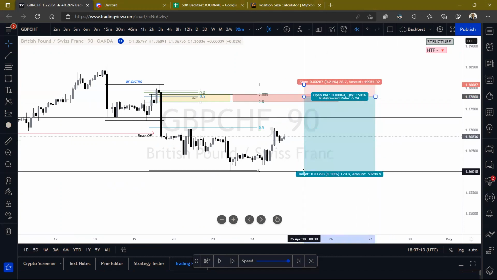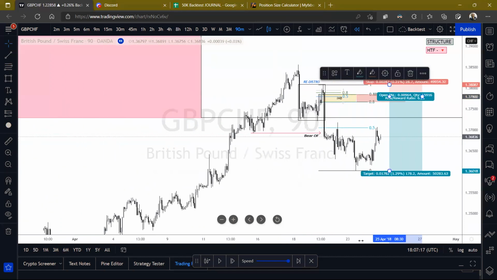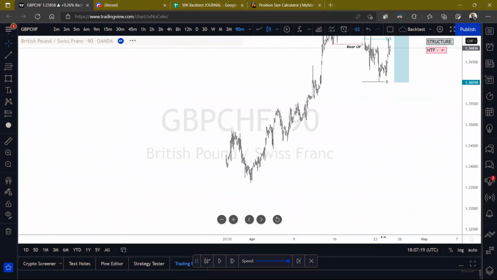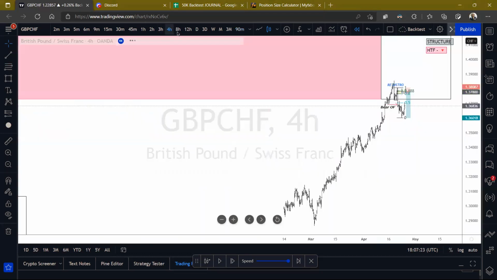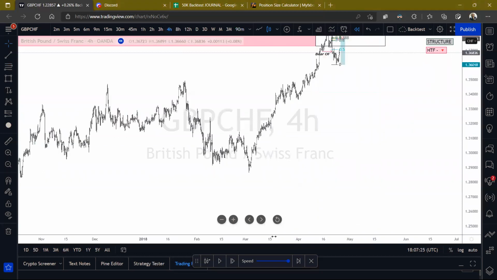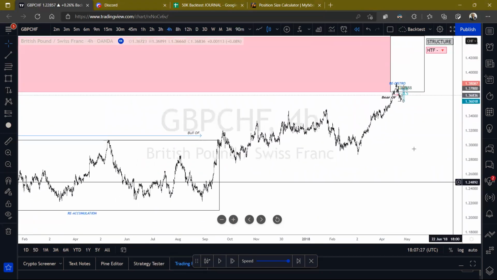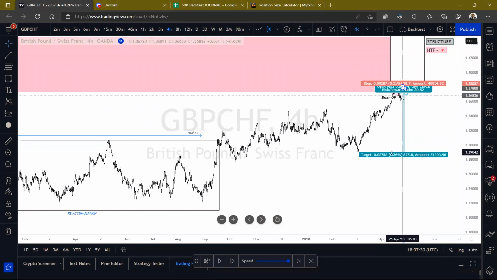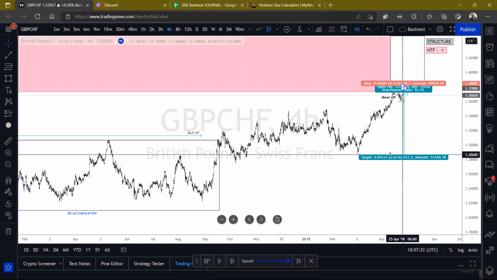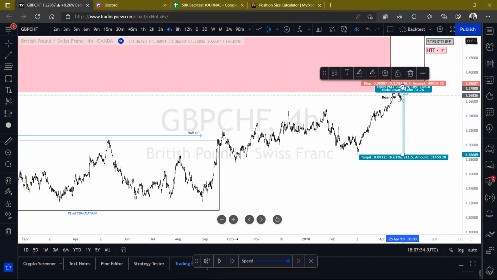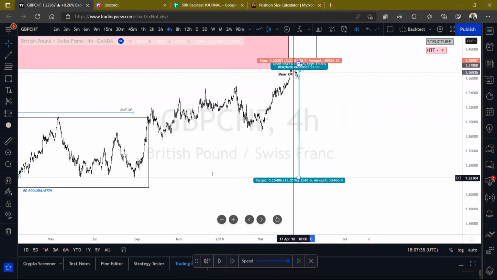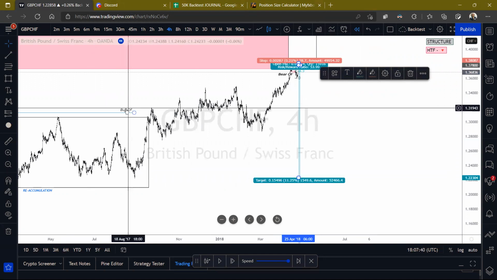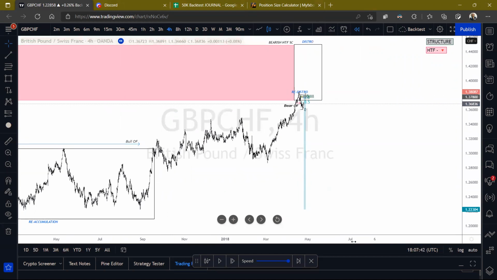First target would be that low here, which is a 6 to 1. And then it'll be this low, so 32 to 1. And we'll look to come back into this demand area here that caused this bullish order flow break.